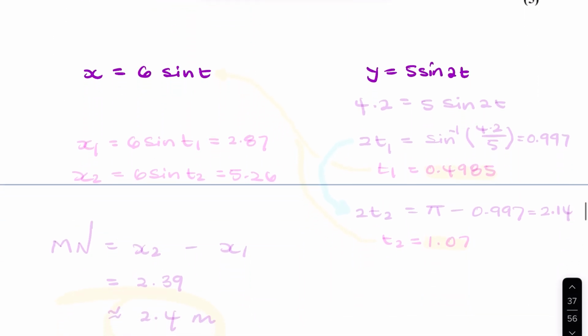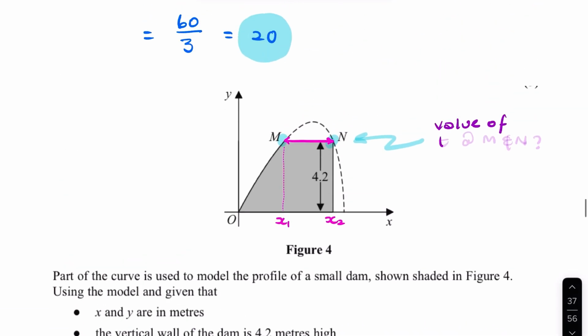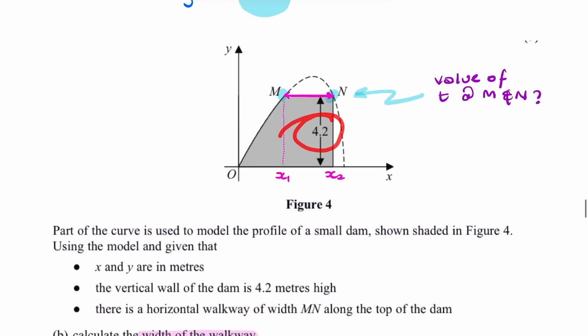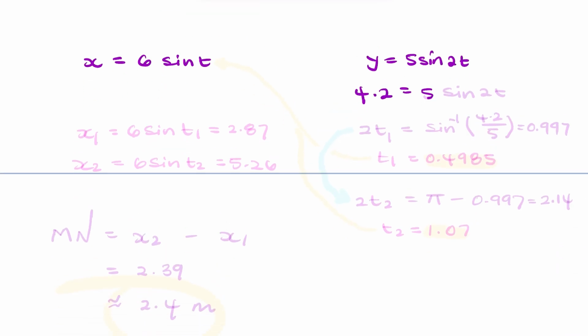So what's the value of t at M and N? The easiest way to do that is simply to equate y to 4.2. So 4.2 equals 5 sine 2t. So 2t1, let's call it, equals inverse sine 4.2 over 5.